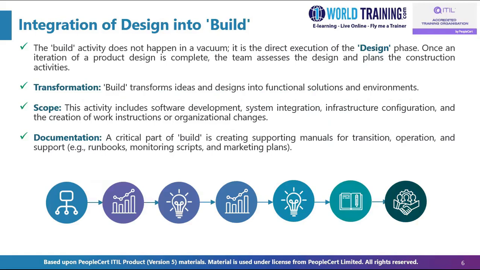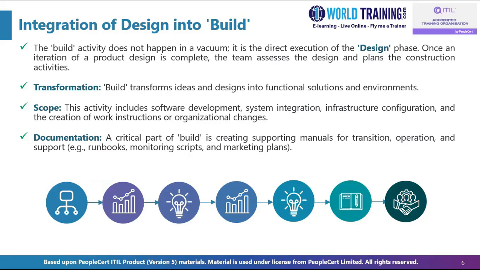Once a design iteration is complete, the team assesses it and plans construction activities. There are 3 dimensions of scope: software development, system integration, and infrastructure configuration, plus the creation of work instructions and organizational changes.